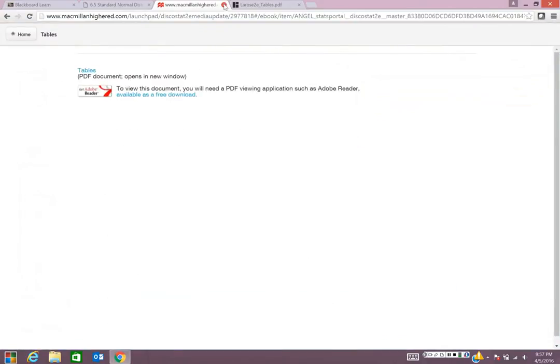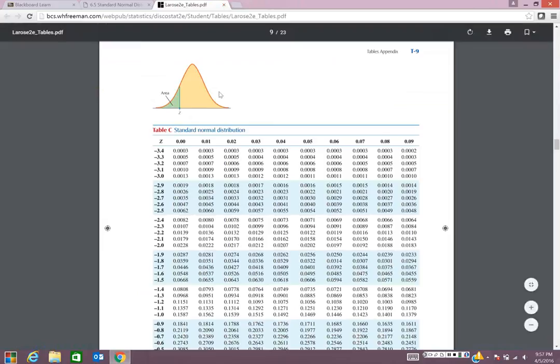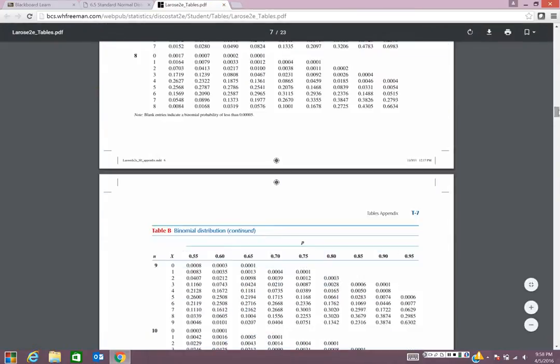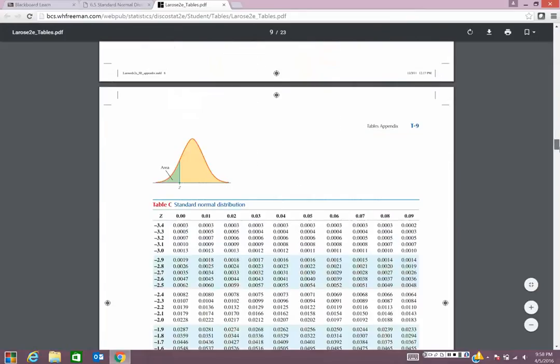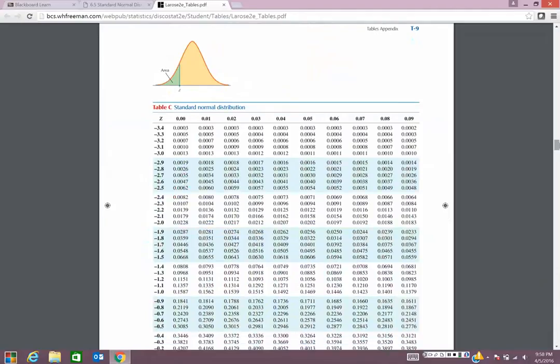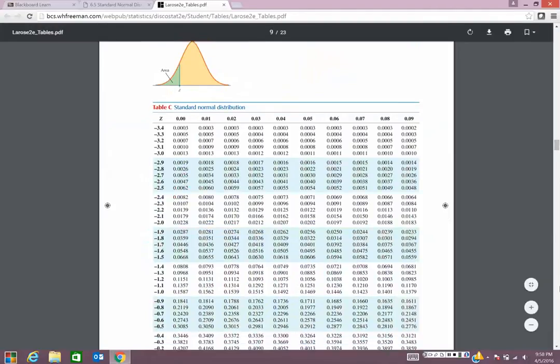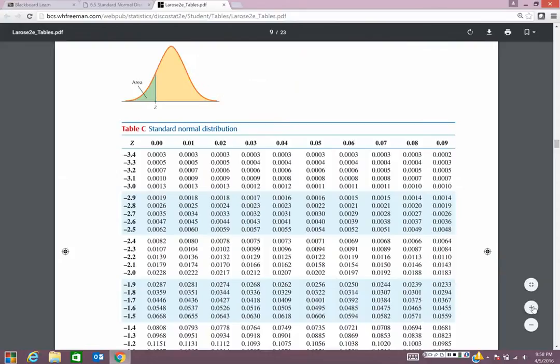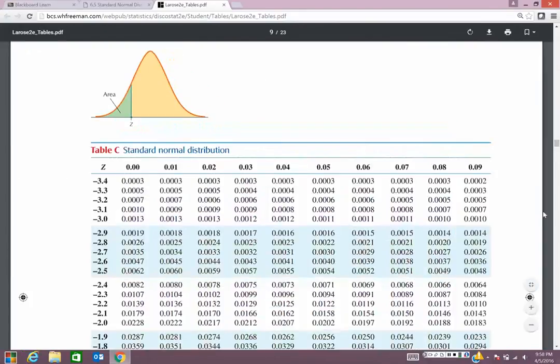And under tables, if you click on tables, it'll take you to some tables. What I want you to do is scroll down until you see the table C. So this is an example of a standard normal distribution table, the Z table. I will refer to it as the Z table.